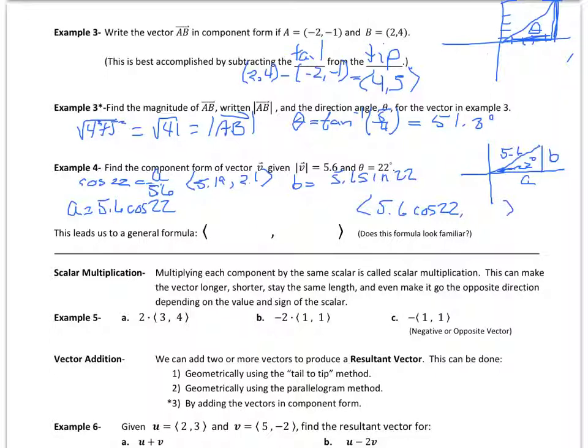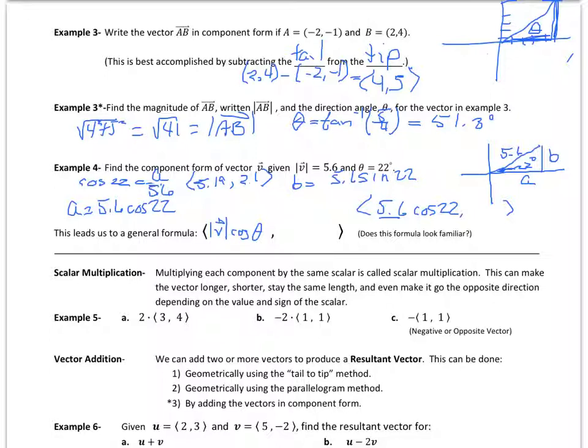So now this is going to lead us to a general formula, right? So we have the magnitude of our vector, so we'll just say the magnitude of v times the cosine of alpha, or theta. Sorry, let's use theta here. That's our horizontal component.